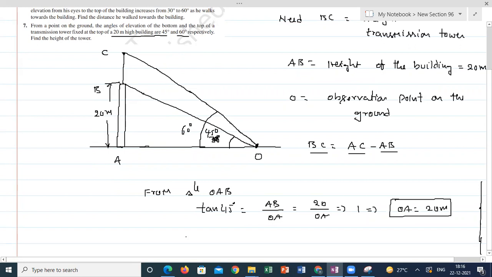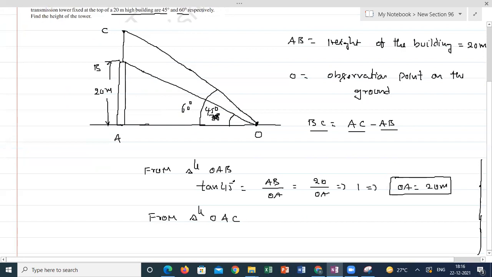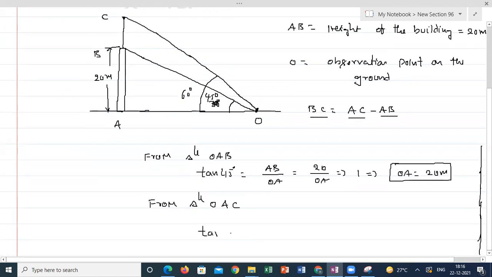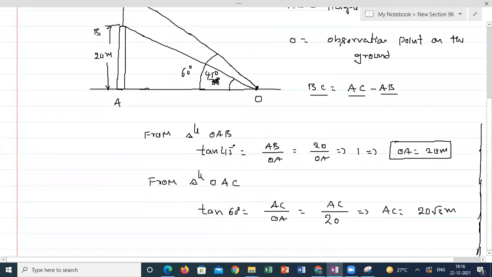So with the help of OA, from triangle OAC, tan 60 is equal to how much? AC by OA. Opposite side of the 60 degrees by adjacent side of the 60 degrees. AC I don't know. OA is from the previous step, 20. So AC is equal to 20 root 3 meter, because tan 60 is root 3.